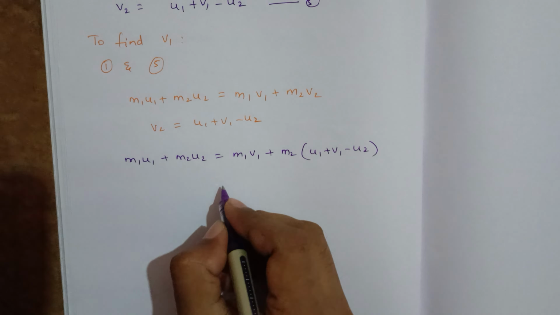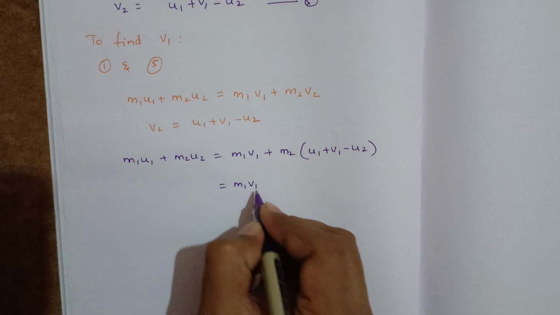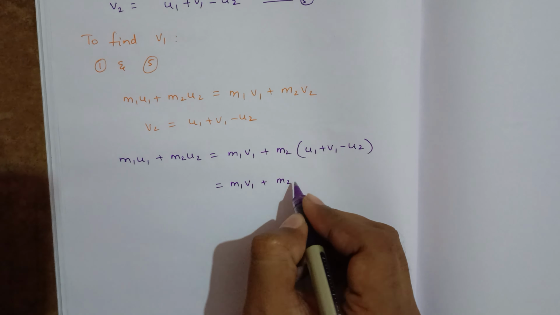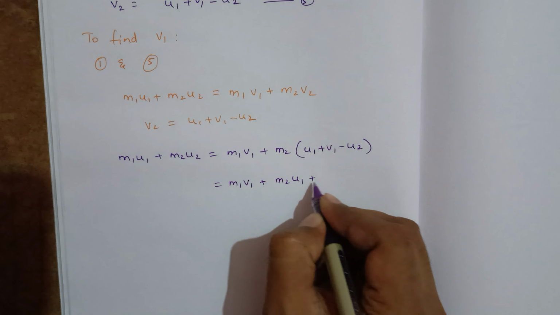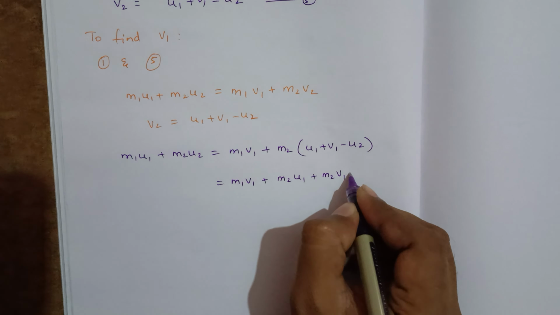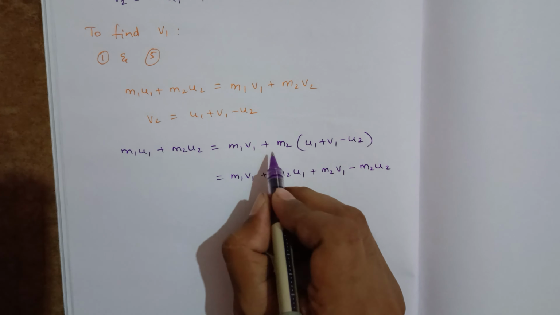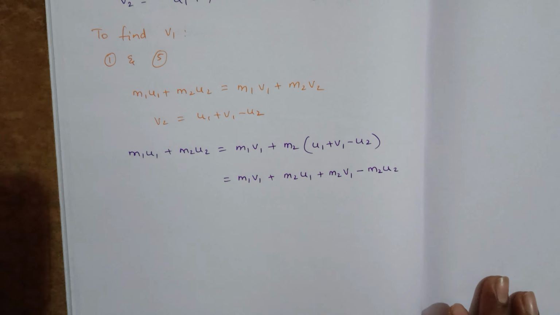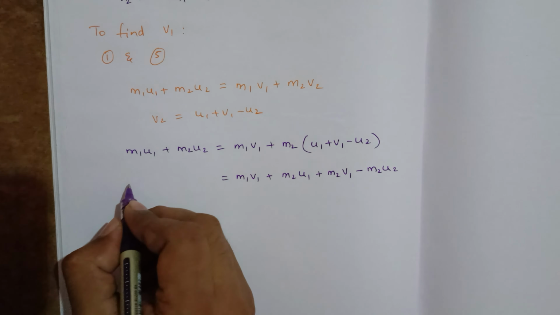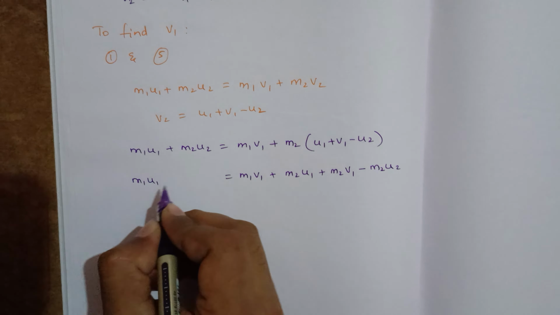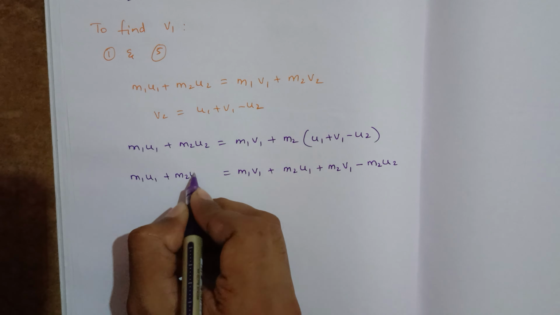Let us multiply: m1 v1 plus m2 u1 plus m2 v1 minus m2 u2. Minus into plus becomes minus. Now on this side we have m1 u1 plus m2 u2.